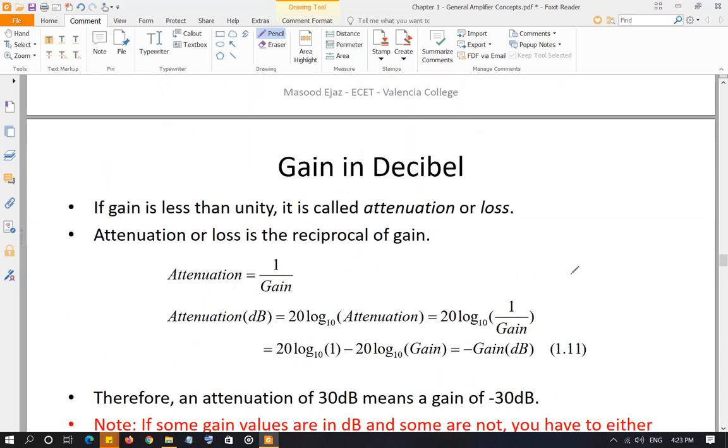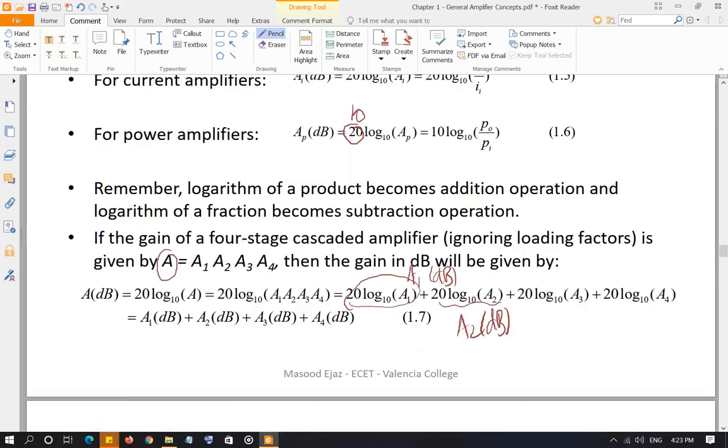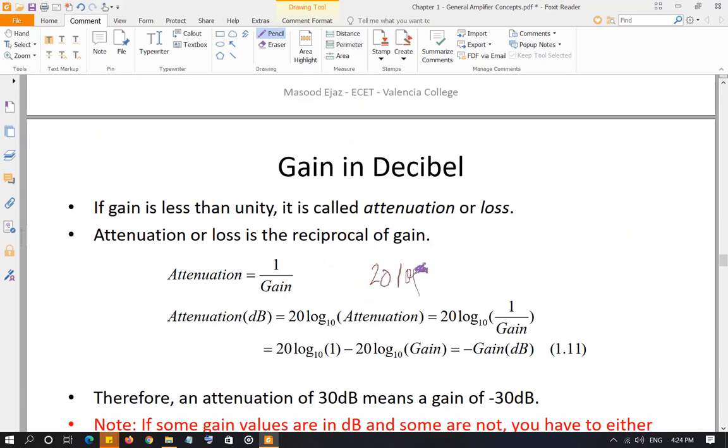If the gain is less than 1, it is called attenuation. Attenuation is basically the reciprocal of gain, so attenuation is 1 over gain. Anytime we talk about attenuation, that means our gain is less than 1. If your gain is less than 1, in decibel the gain is going to be negative, because you're going to have, let's say, 20 log of 0.1, which is a negative value.